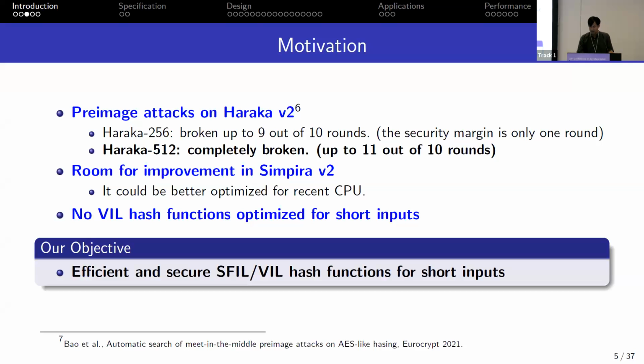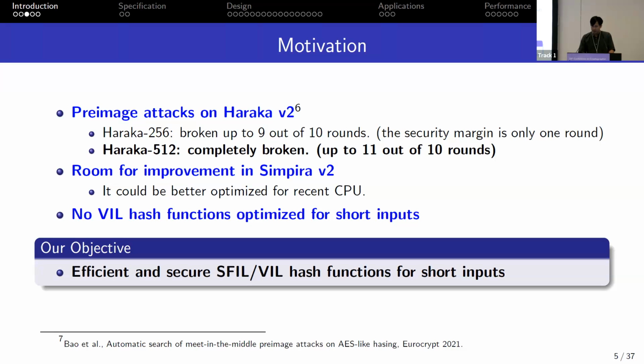However, these hash functions have some problems. For Haraka v2, preimage attacks are proposed, and they break Haraka256 up to 9 out of 10 rounds, and break Haraka512 completely.